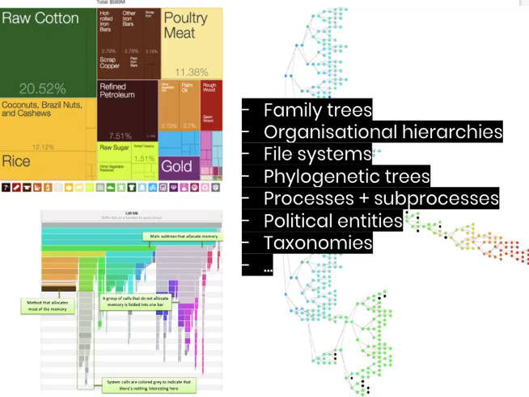File systems are hierarchical, with directories and subdirectories and so on, documents, structures, subsections, paragraphs, and so on. Phylogenetic trees, which are these trees that represent species, how they evolve, how similar they are, which groups of animals are more similar or belong to the same family, and these kinds of things.